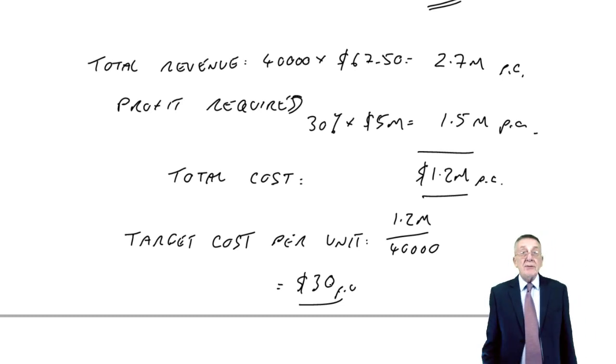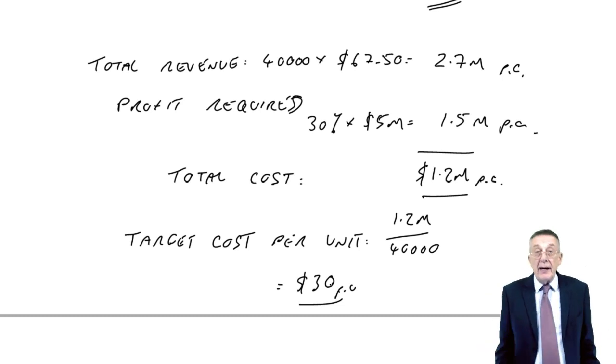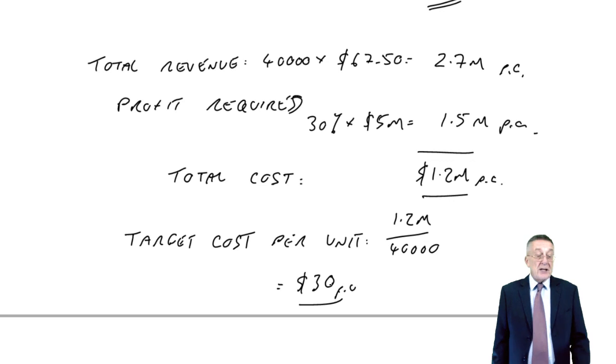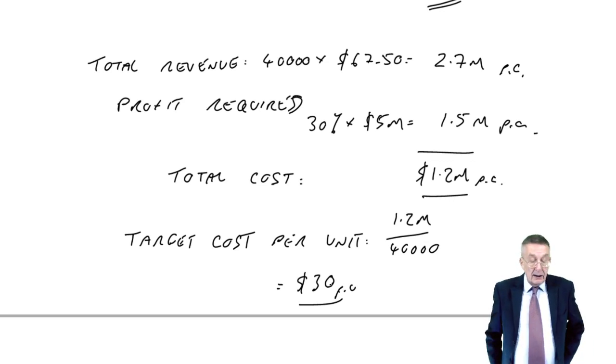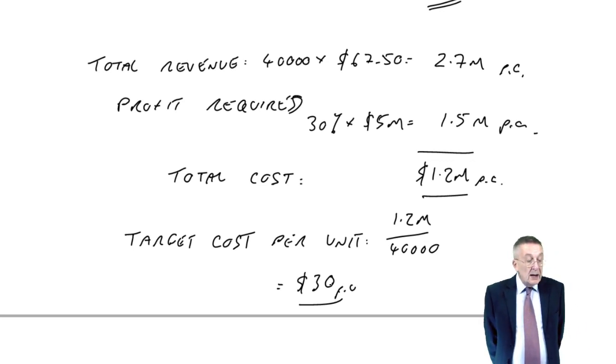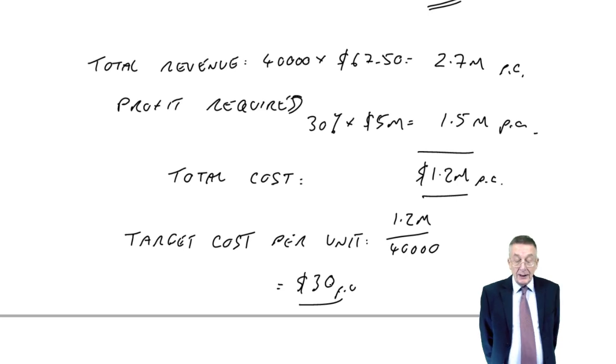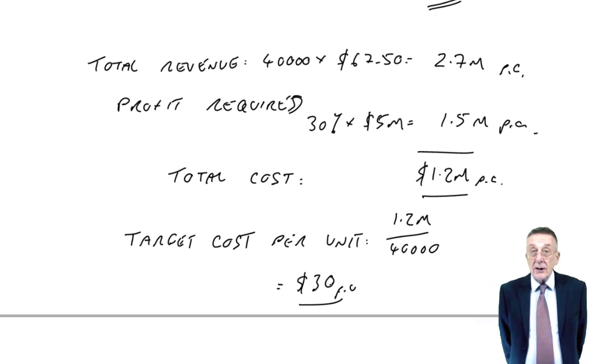So I say it's less likely to be given it that way, but it could be given anyway. It's obviously up to the business to decide on how to get the target. But there's the target cost. We've got to make sure, or try and make sure, that we can actually produce the product at a cost of less than $30.